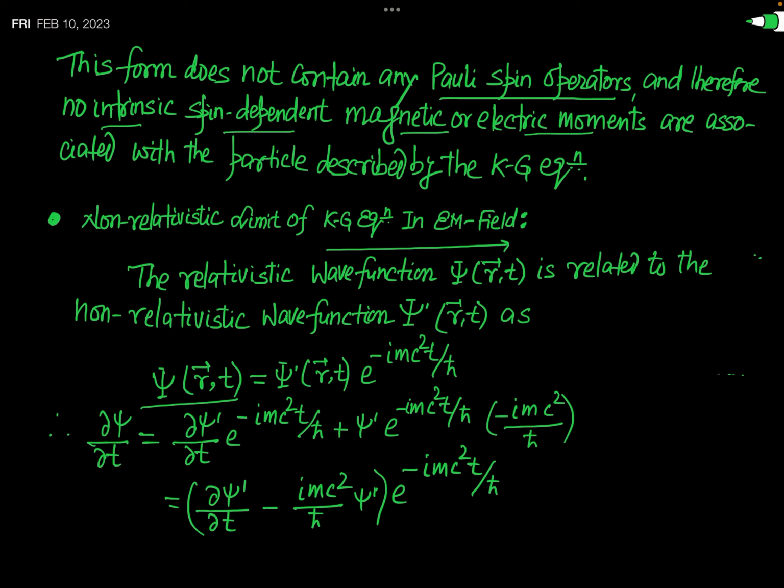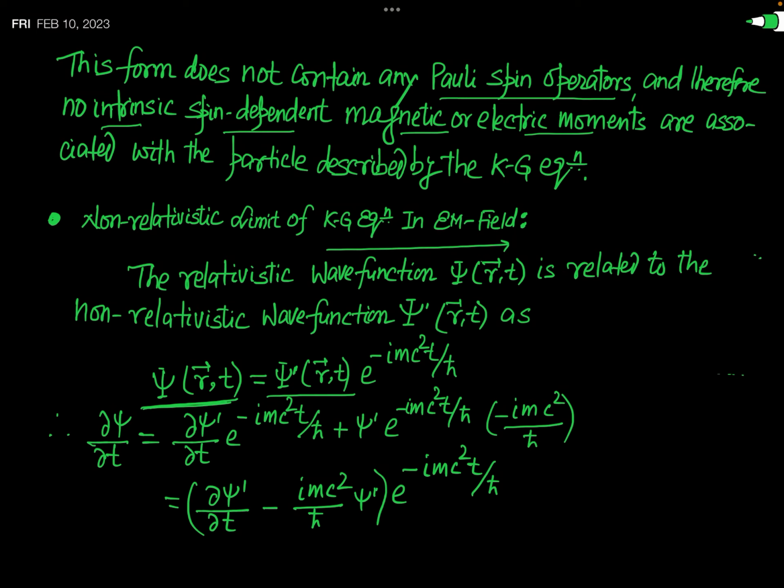This relativistic wave function psi of r,t you have learnt in the previous lecture is related to the non-relativistic wave function, which I have denoted by the symbol psi prime of r,t. Psi prime of r,t is the non-relativistic wave function, and psi of r,t is the relativistic wave function.